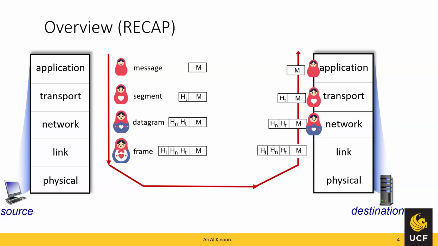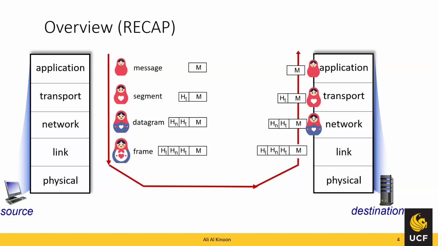At the transport layer, a header HT is added, forming a segment. At the network layer, it becomes a datagram. And this figure highlights a segment and a datagram, but typically when we use either or, it's only one. It's either a segment or a datagram, depending on if we use TCP or UDP. At the network layer, another header is added, creating a datagram. At the link layer, one more header is added, making it a frame.